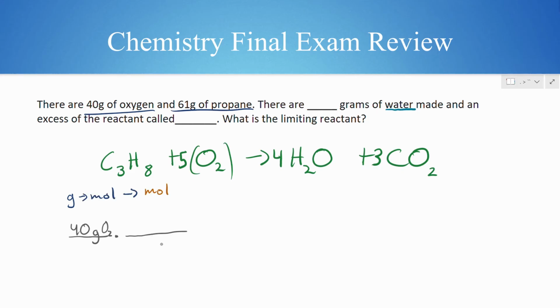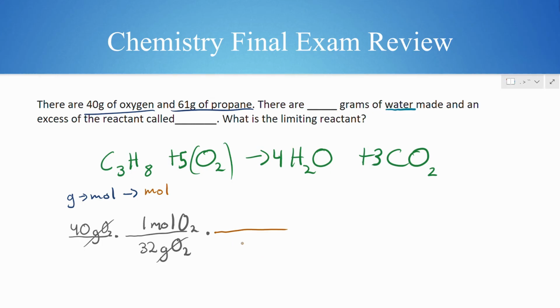To convert grams to moles of oxygen gas, we need to use the molar mass. So 32 grams of O2 is in 1 mole of O2. Now grams of O2 cancel out. Now we're going to go ahead and convert this to moles of water.